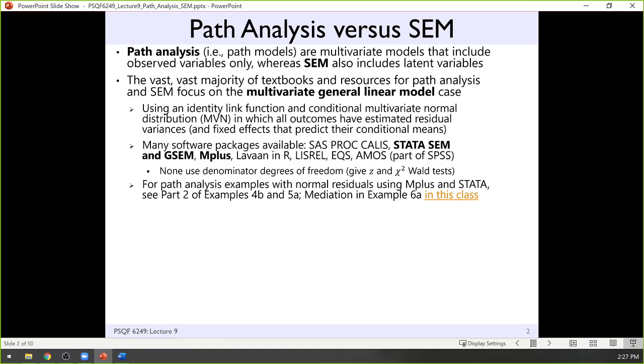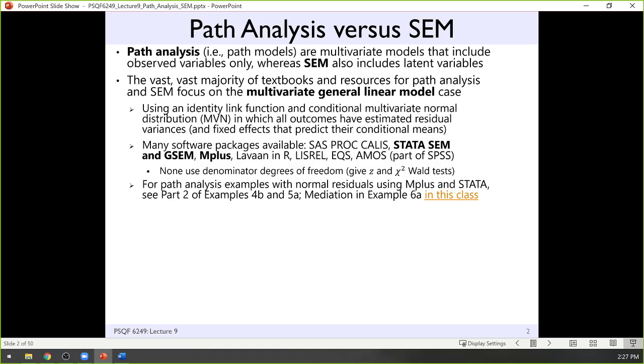Correct me if I'm wrong about that. Amos, does anyone here use Amos still? Was that a thing? It's SPSS's SEM package. That's one of the first ones I learned how to use. The last I checked, it didn't have any link functions either. I think everything has to be normal in that land. And EQS, which I'm not even sure is a thing anymore, that's the first package I learned. Last I checked, it didn't have link functions. So it depends on the package.